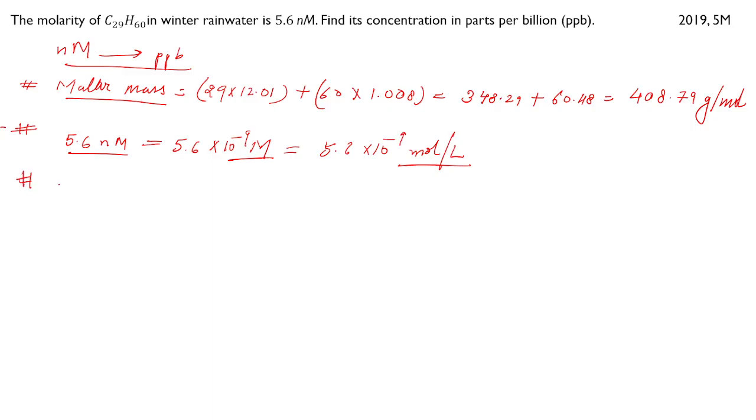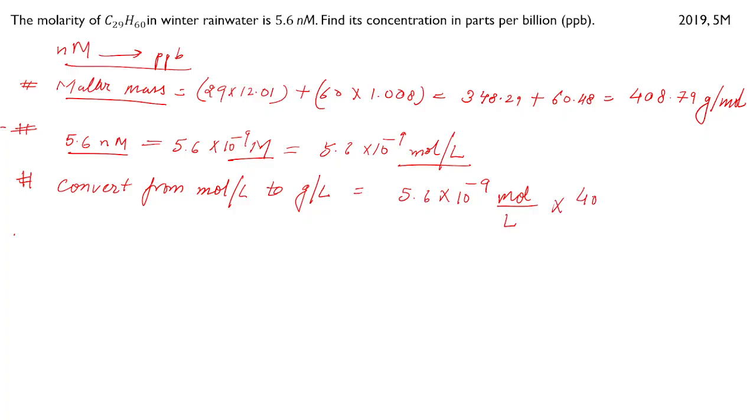So the first step is to convert from mole per liter to gram per liter. Okay, so to do that, what we need to do is multiply this by its molar mass. 5.6 into 10 to the power minus 9 moles per liter multiplied by 408.79 gram per mole, because it's its molar mass.